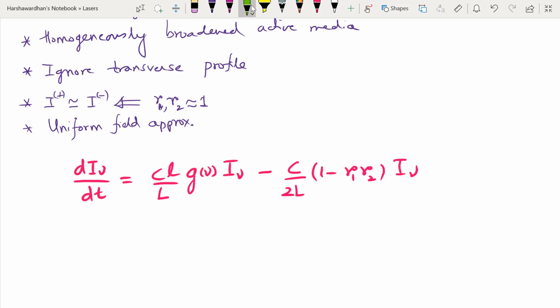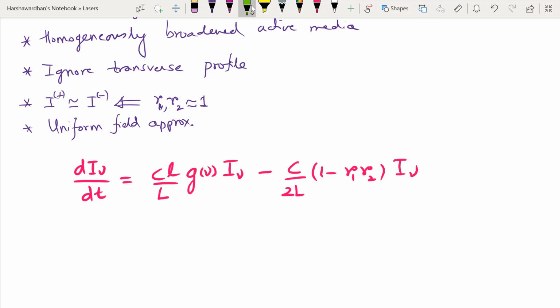Remember, this is still an approximate equation because we are not looking at the contribution to the intensity from spontaneous emission, for example. Spontaneous emission does not contribute to the cavity photons or the lasing mode which we are talking about, because the contribution is far too small to worry about when lasing is the dominant phenomenon.